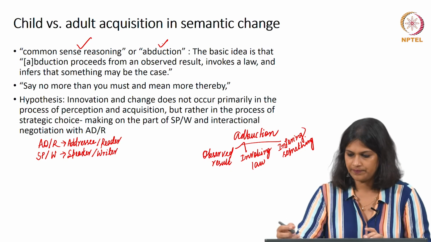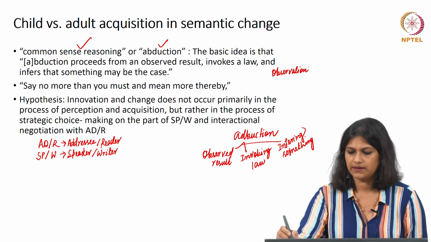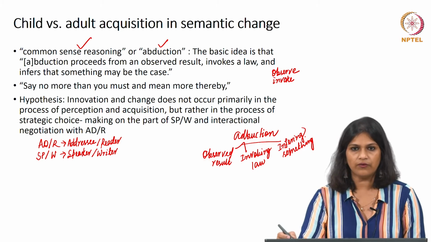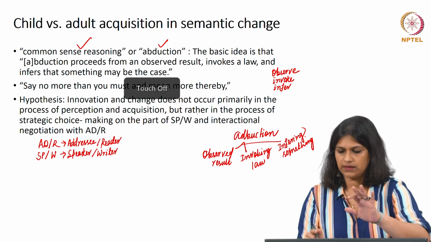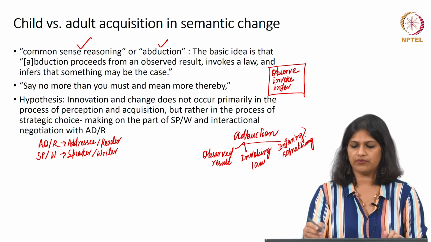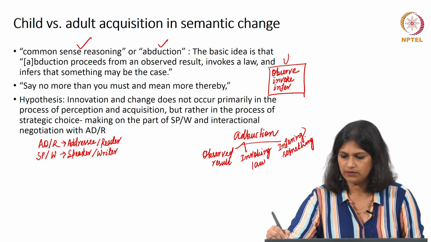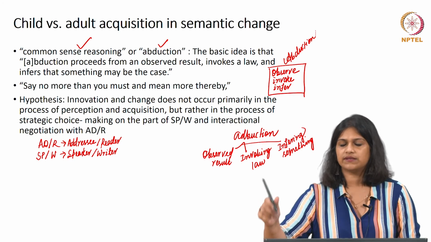So, three things: observe, invoke, and then infer. These are the three things that we need to remember when we are talking about abduction or common sense reasoning.